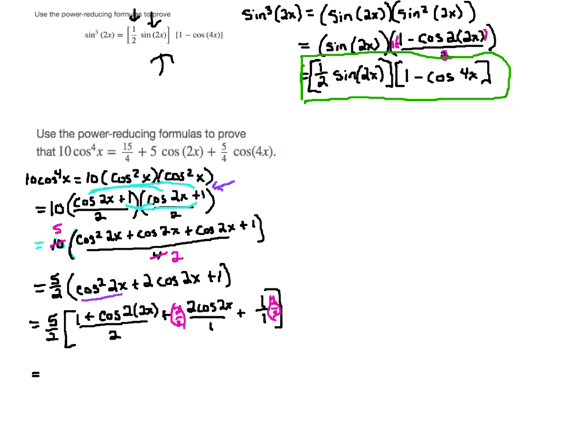5 halves times 1 plus cosine of 4x over 2 plus, now I've got 4 cosine 2x over 2 plus 2 over 2.